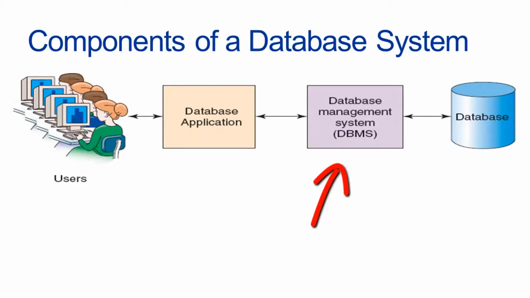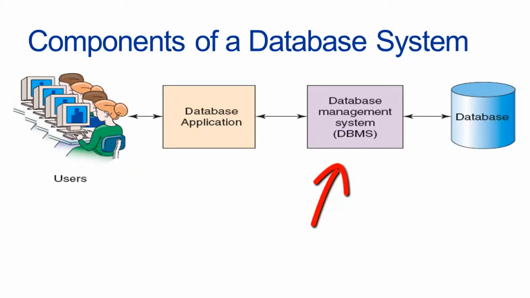The DBMS, the database management system, acts as a gatekeeper. All of the information flowing in or out of the database must travel through the DBMS. It is a critical mechanism for maintaining the quality of the data in the database.